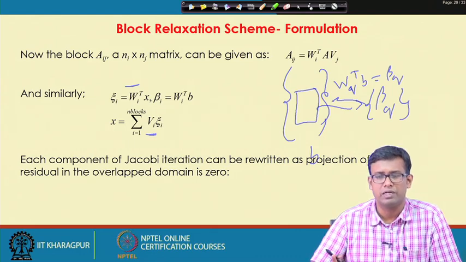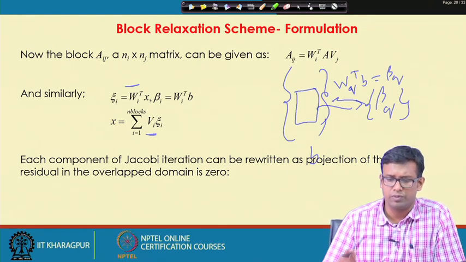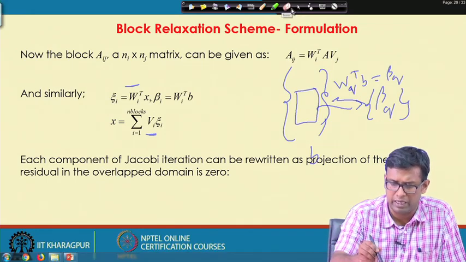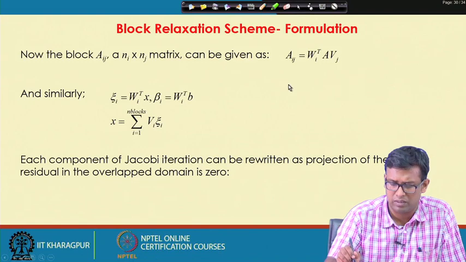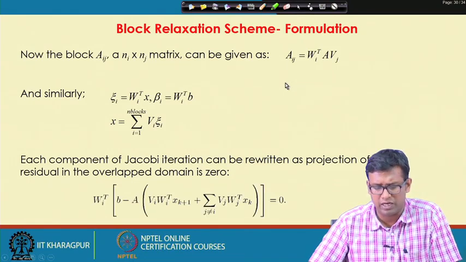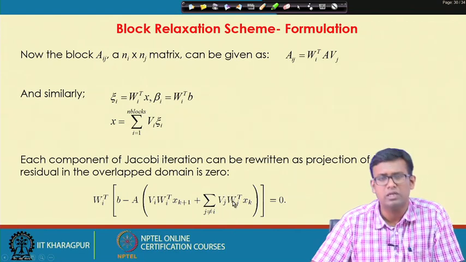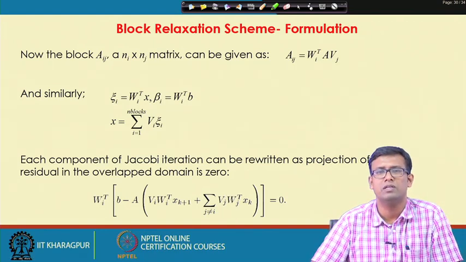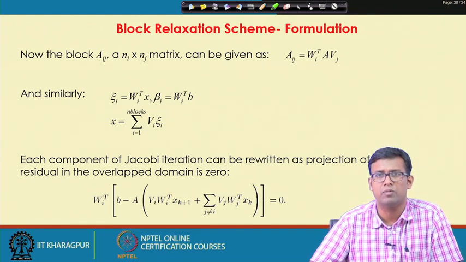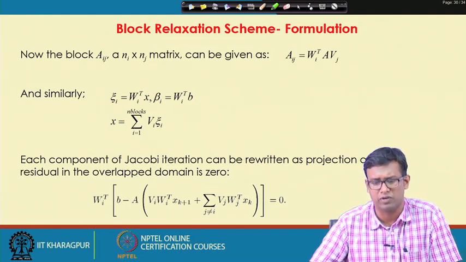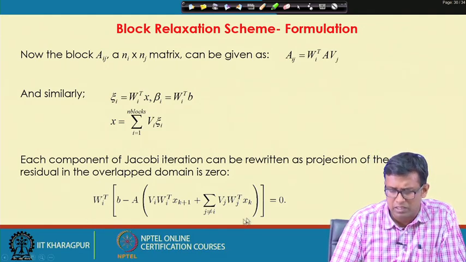However, the sum of the residual as projected to the main domain should be 0, and that comes as W_i transpose (B minus A x^(k+1)), with the sum over j not equal to i of V_j W_j transpose x^k, equal to 0. If there is no overlap, V transpose W is an identity matrix, since V and W are the same. But if there is overlap, they are not identity matrices.